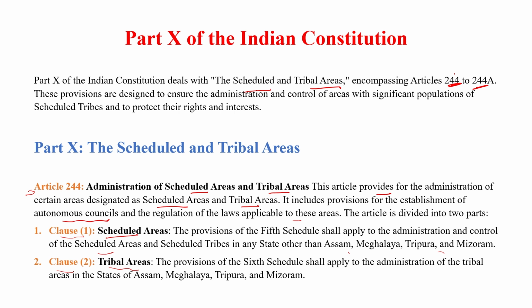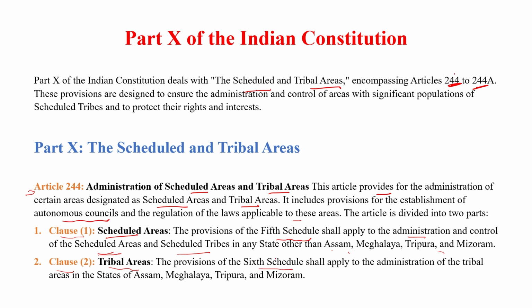Article 244 clause 1 explains the 5th schedule of the Indian Constitution, which relates to the administration and control of scheduled areas and scheduled tribes in the states except Assam, Meghalaya, Tripura and Mizoram, because the administration of these states is mentioned in the 6th schedule.